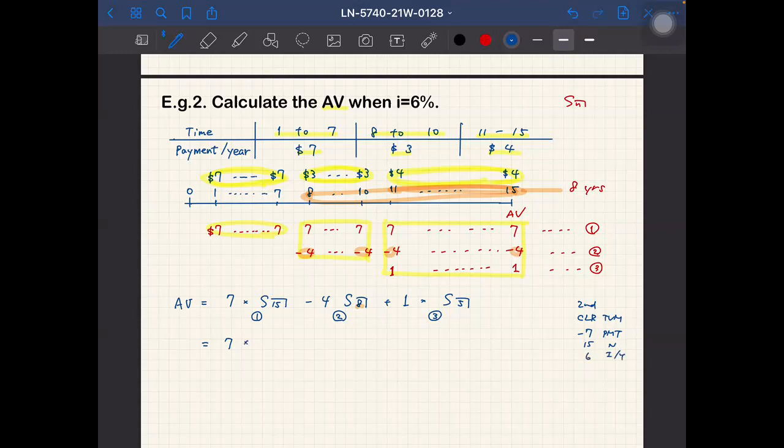So you can do it, or you can use the formula. So s angle 15 is 1 plus i to the power 15 minus 1 over i. So minus 4 times 1 plus i to the 8th power minus 1 over i, plus 1 times 1 plus i to the 5th power minus 1 over i, and i is equal to 0.06.